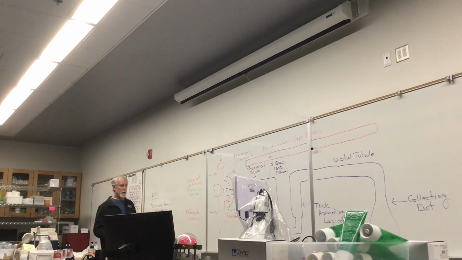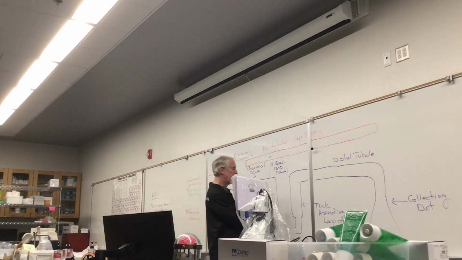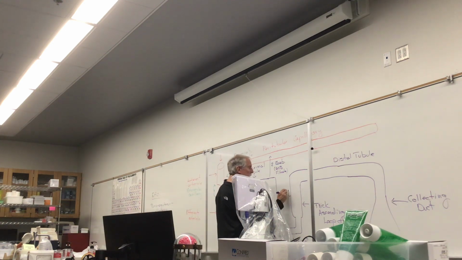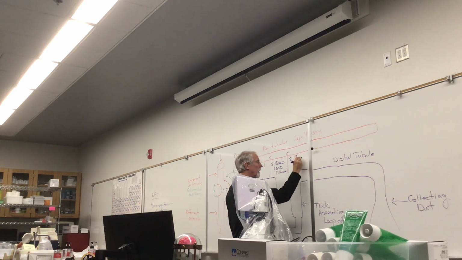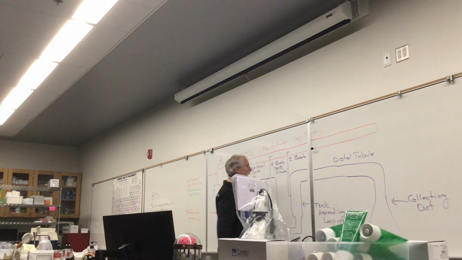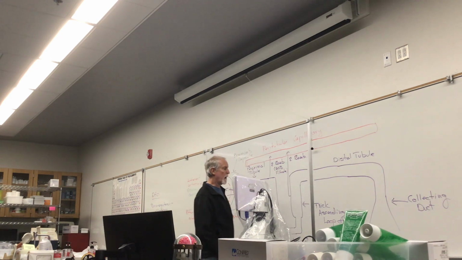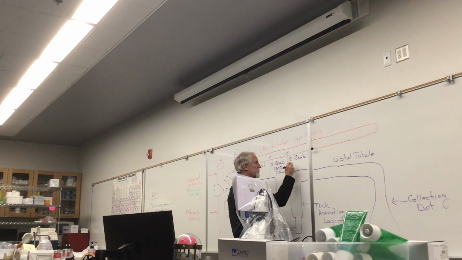The thick ascending loop of Henle is also responsible for reabsorption. So I'm going to put number 2 again. Reabsorption. And the thick ascending loop of Henle is responsible for approximately 20% reabsorption of the filtrate.